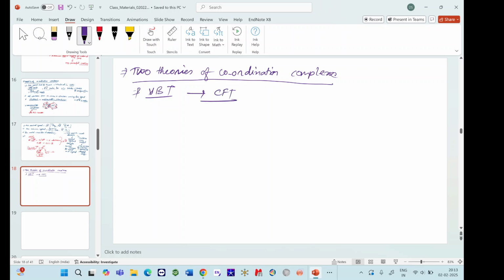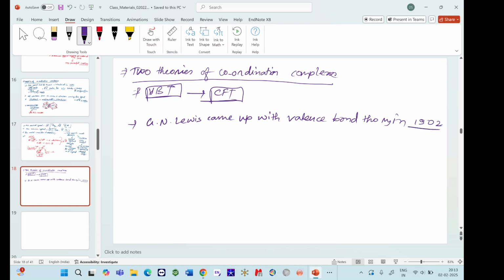So we'll first discuss briefly about valence bond, and then we'll go to the crystal field theory. So at 90s, Jean Lewis first came up with this valence bond theory, and here we considered there is a covalent bonding.